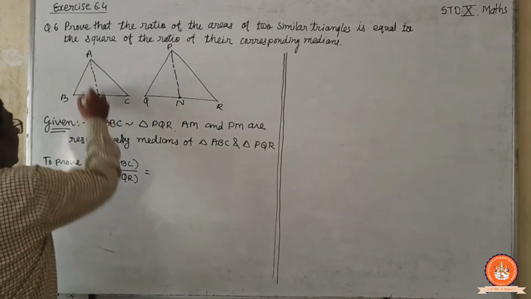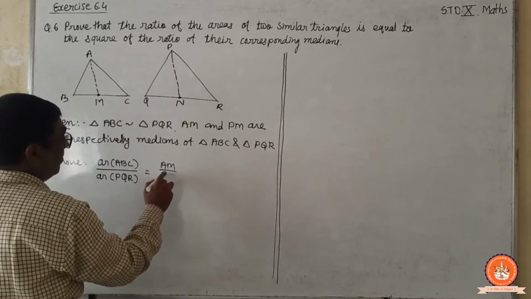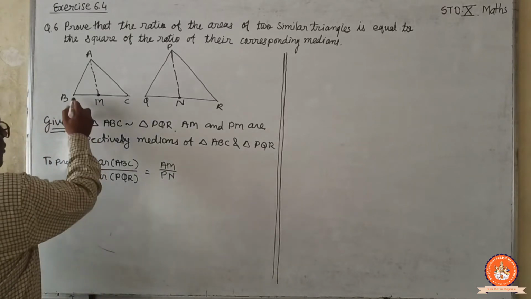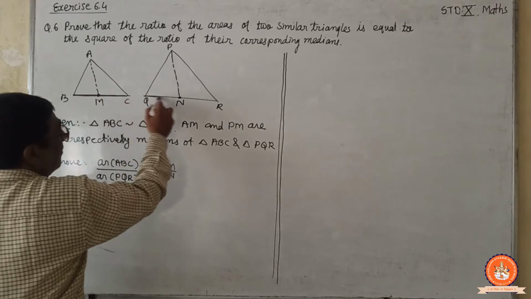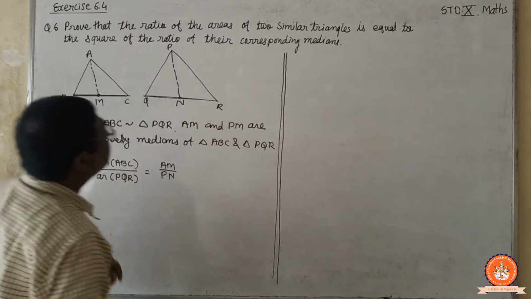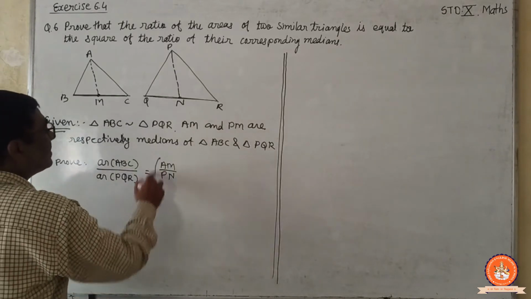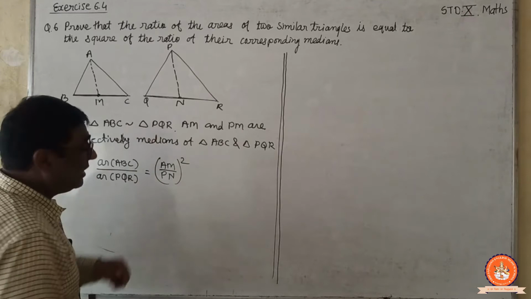AM and PN are corresponding medians. Okay, corresponding side पे आने वाली medians को corresponding medians भी बोलते हैं.